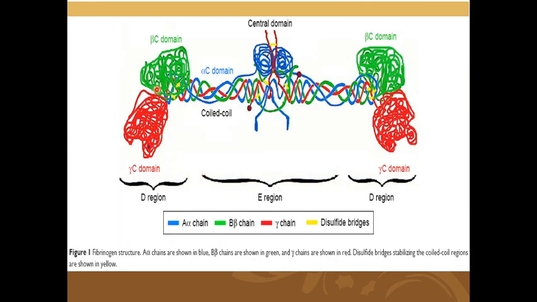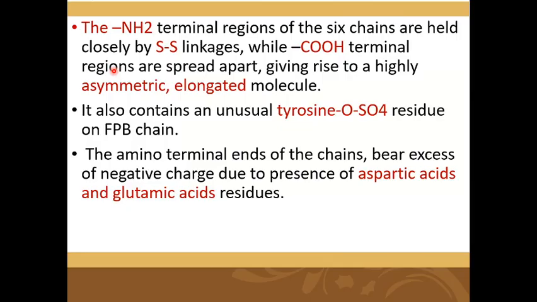Here you can see 2 beta chains, 2 gamma chains and 2 alpha chains are present, and here the disulfide linkages in yellow are keeping them together. You can see that the molecule is elongated.